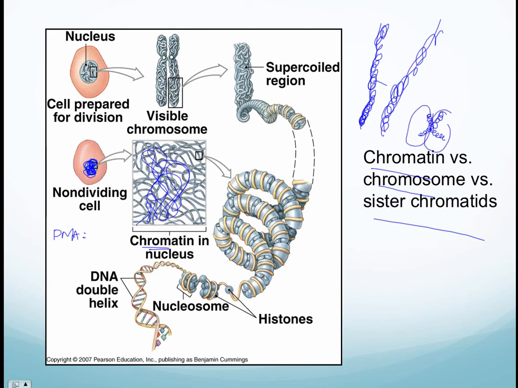And the whole idea is we're going to separate it into its two daughter cells. So this is supercoiled. It's called chromosome because it's clearly visible. And then finally we have what are called sister chromatids. And so here, collectively this is one chromosome. So here's one chromosome. And here, each half is called a sister chromatid. Okay, so chromosome being that entire unit, and then chromatid being one individual side.